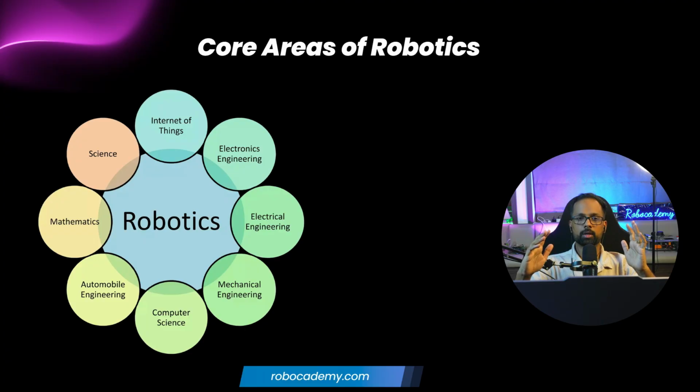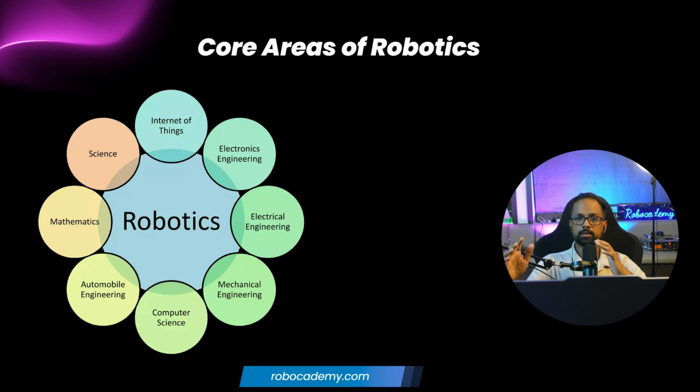If you want to program a robot, you should have some idea about programming, right? So computer science engineering comes into the picture. And the mathematical aspect of it, like if you want to design a robot, mathematics and control systems all come into the picture. So that's why I mentioned that in order to prototype a robot, you should be a jack of all trades. You should at least understand some basics of it.